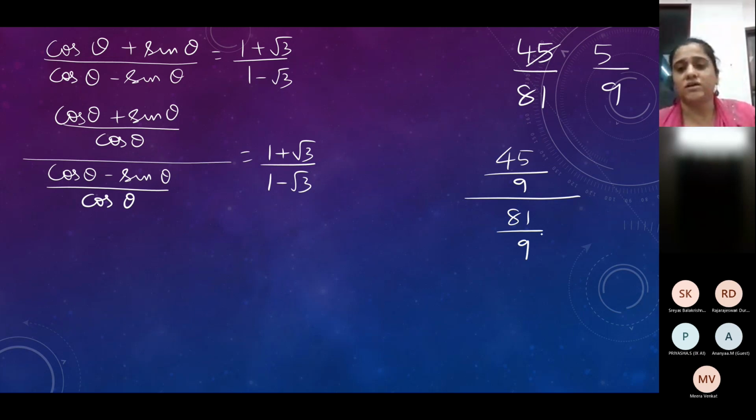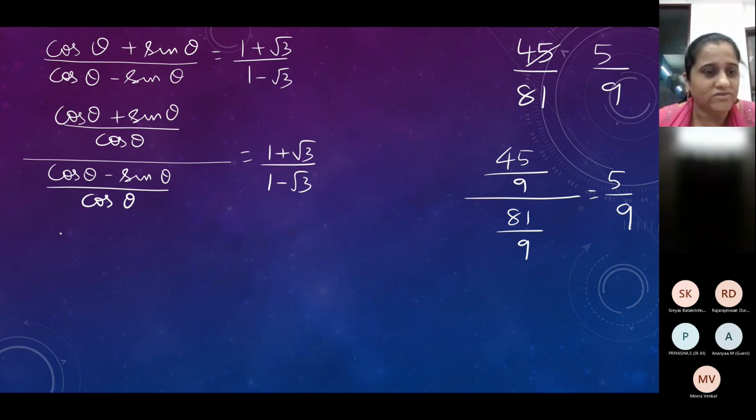Because you're dividing the numerator 45 by 9 and the denominator 81 by 9. So what do we do here actually? You're dividing both the numerator and denominator by 9. I'm doing the same thing here. I'm dividing both the numerator and denominator by cos theta.